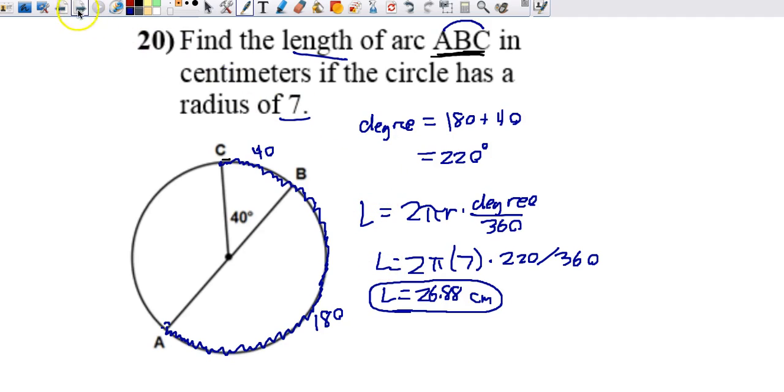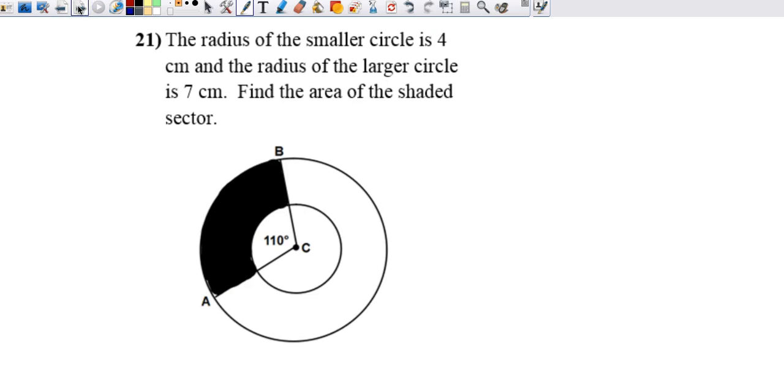All right, we just got a few more, then we'll be done with the practice test. All right, question 21. This is the one like the notes. We're finding the area of this portion of the shaded sector. So what we do is, make sure you're trying this out first. Pause it if you want a chance.